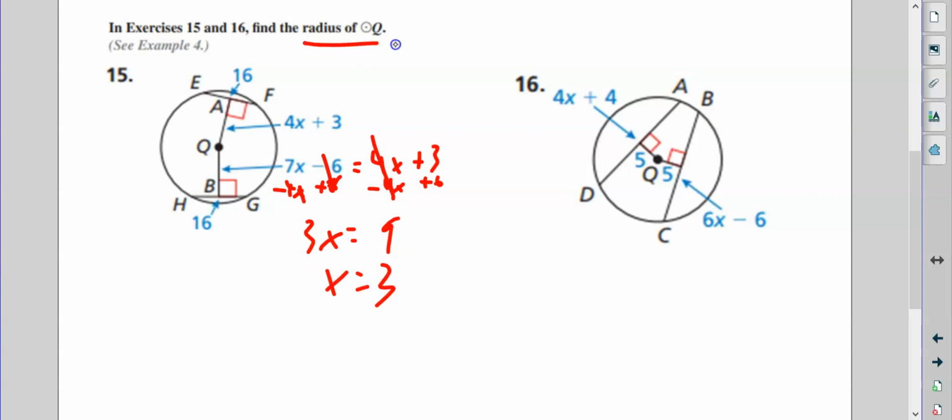Now it says find the radius of Q. So this is the tricky one where you have to draw the triangle in right here. Now what we just found out was if we plug in 3 right here, 7 times 3 is 21, minus 6 is 14.